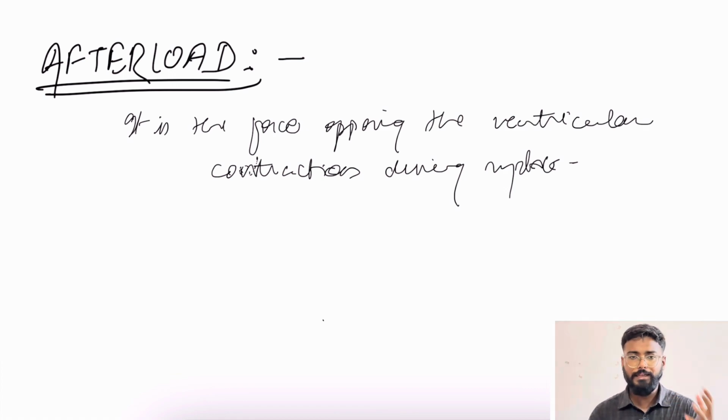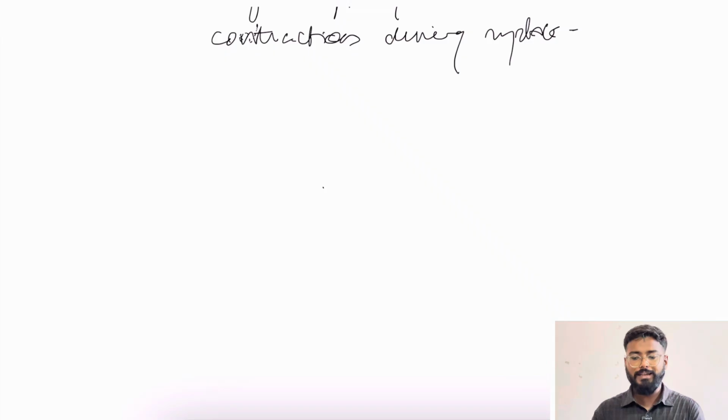So there is this capacity of the left ventricle to pump the blood, but there are some opposing forces that are going to oppose that contraction, the force against which the left ventricle needs to work in order to overcome it and pump blood from the left ventricle into the aorta. So in basic terms, this is what you can say is afterload.